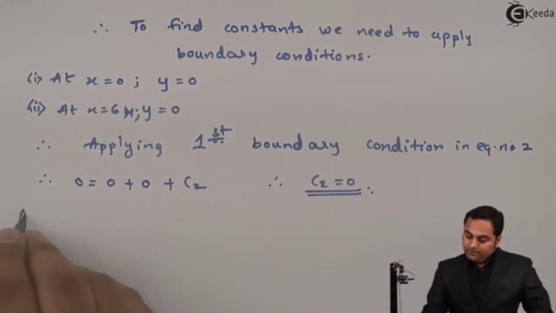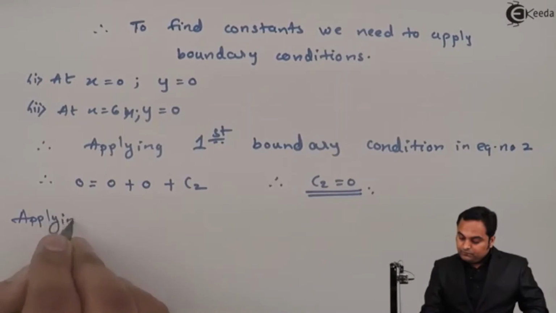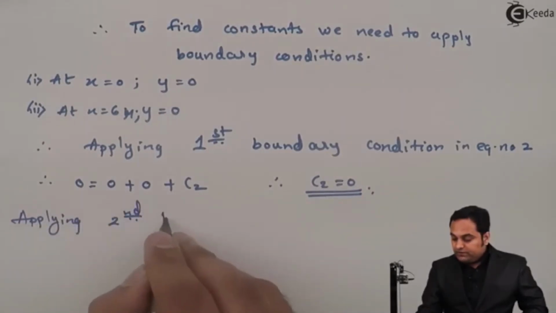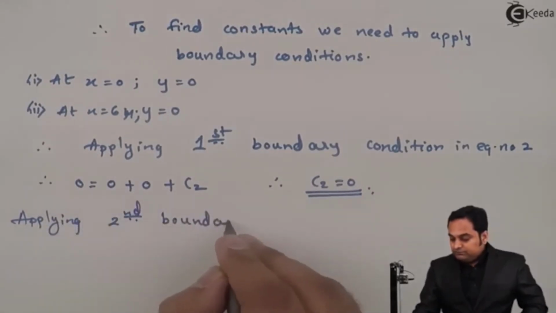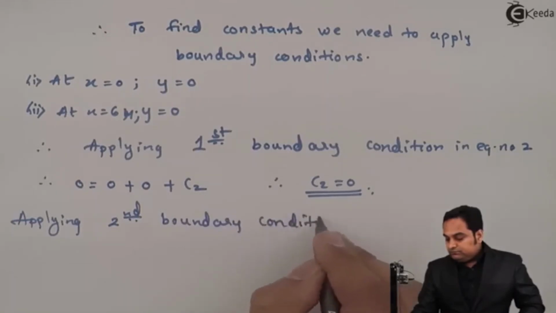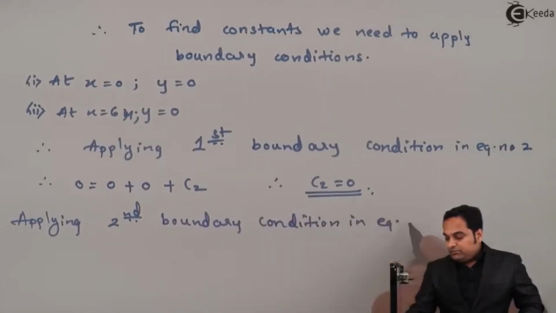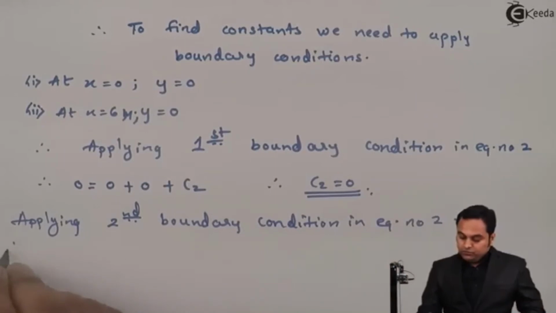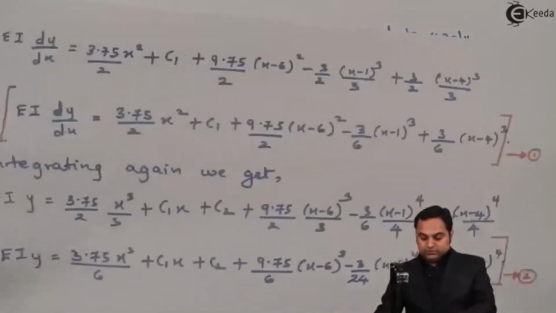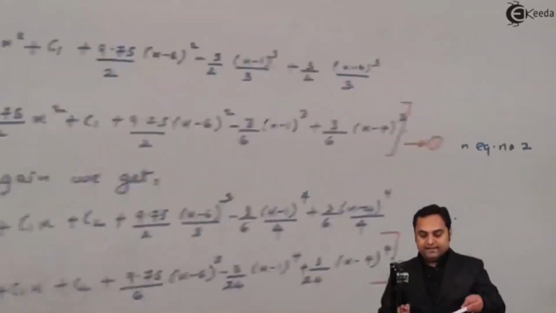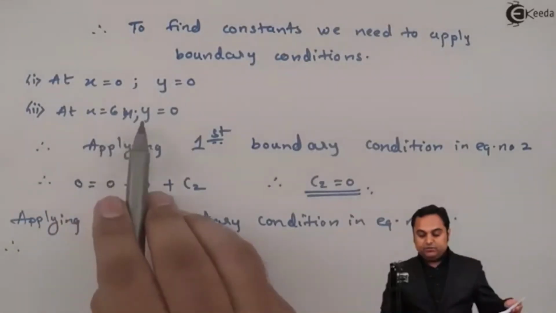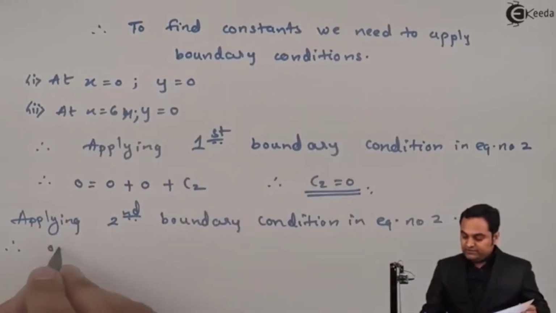Now applying the second boundary condition in equation number second, we have EI into y, and at x equal to 6 meter, y is 0, so left hand side is 0.